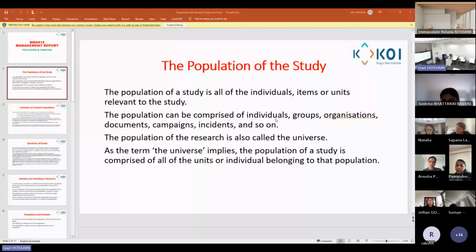So when we are collecting data, say for example our research is on KOI only as a case study, then our population will be all undergraduate students at KOI. If it is a case study on KOI, we are not looking at other universities or other institutions. Or it can be, as you can see, among undergraduate students at universities in Australia. So all the undergraduate students studying in different universities in Australia will be our population.